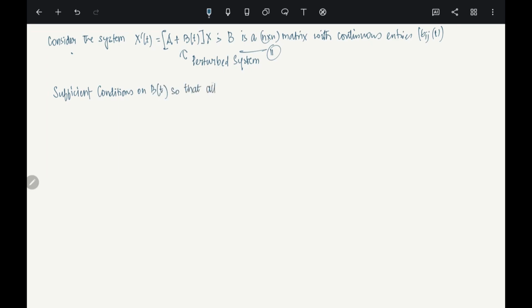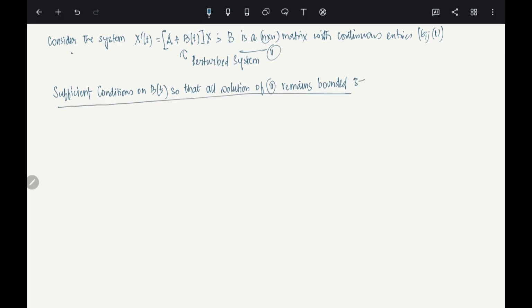I am not putting any initial data, which is why I am writing all solutions. If there is initial data, then you will have a unique solution. So let's look at that theorem.